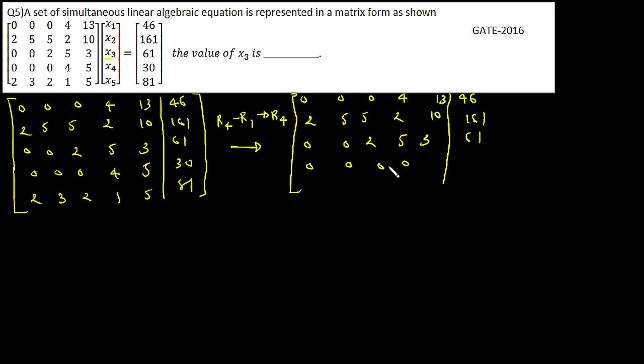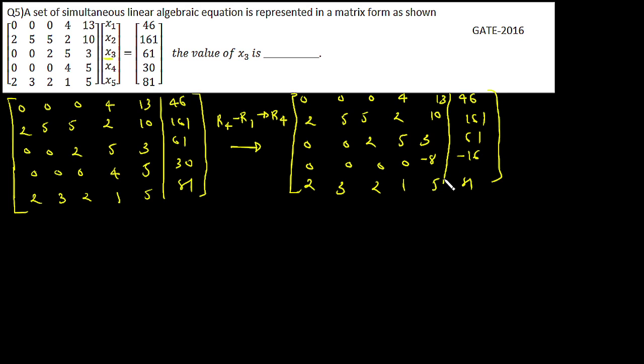So we are getting here 0. Here 5, and we are getting minus 13. So we are getting minus 8. And here we have minus 46. We have plus 30. So we are getting minus 16. Now the last row will remain as it is, 2, 3, 2, 1, 5, and 81.